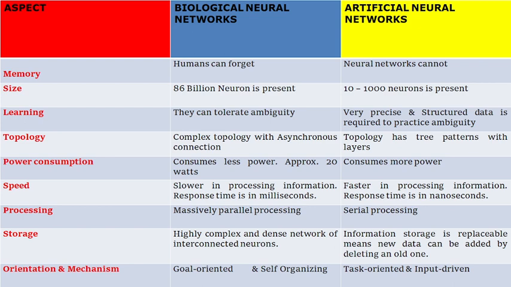Regarding processing, biological neural networks massively process data in parallel, but artificial neural networks process serially, so it's serial processing.